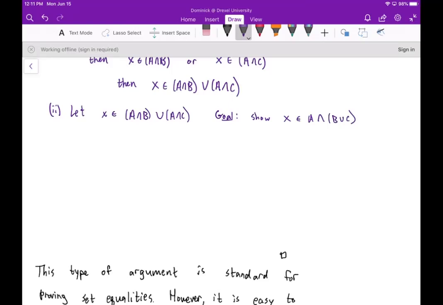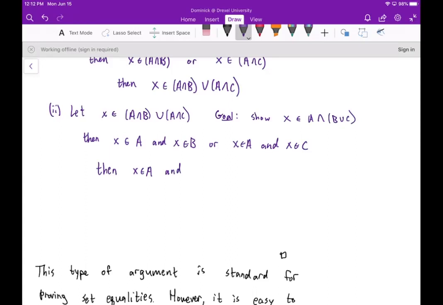Right? So now if x is in A intersect B union A intersect C, then we have that x is in A and x is in B, or x is in A and x is in C. Well, of course, here we see that no matter what, x is in A, right?